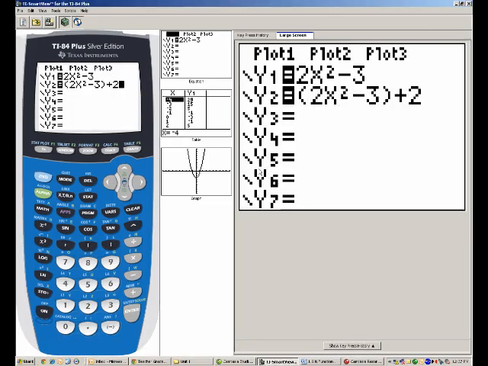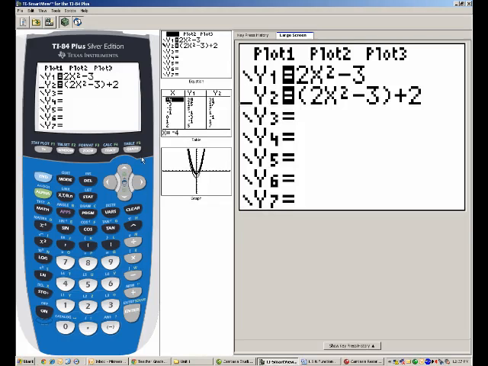It will be helpful if you arrow over on the other side of y2, and you press enter. Press enter, and it will turn that line to bold.